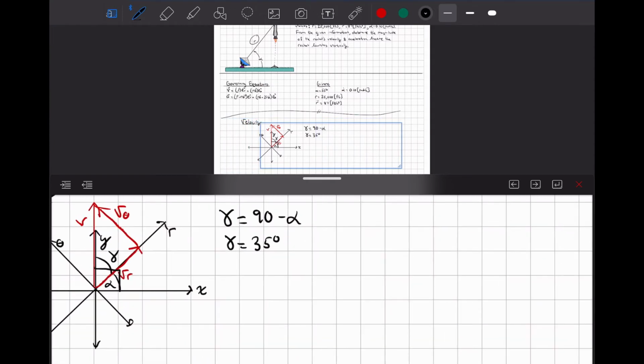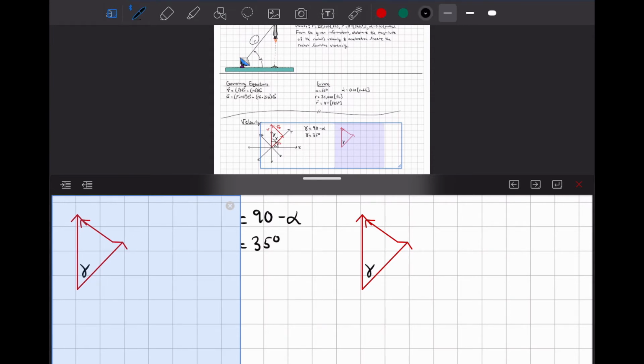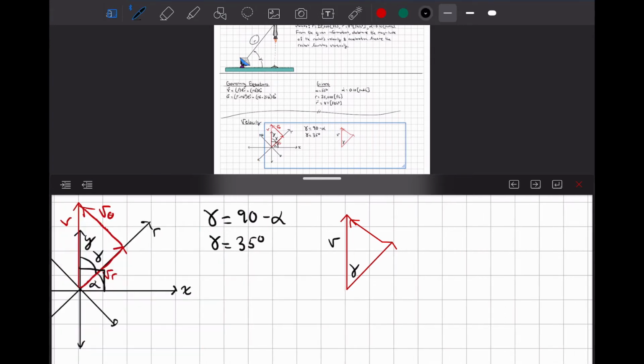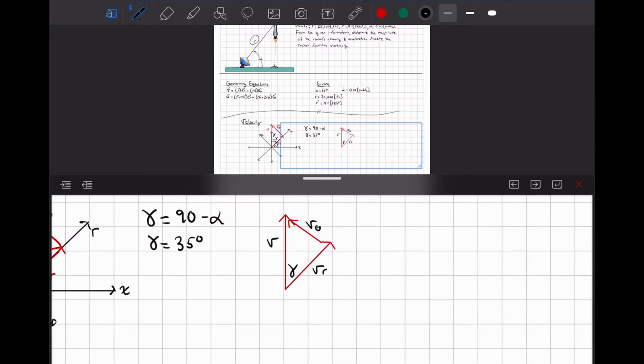Okay? Now maybe I'll just redraw our velocity triangle here. It's not perfect, but I think it gets the point across. And we have gamma here. So I'll just draw that in, and just to make it a little bit more clear.